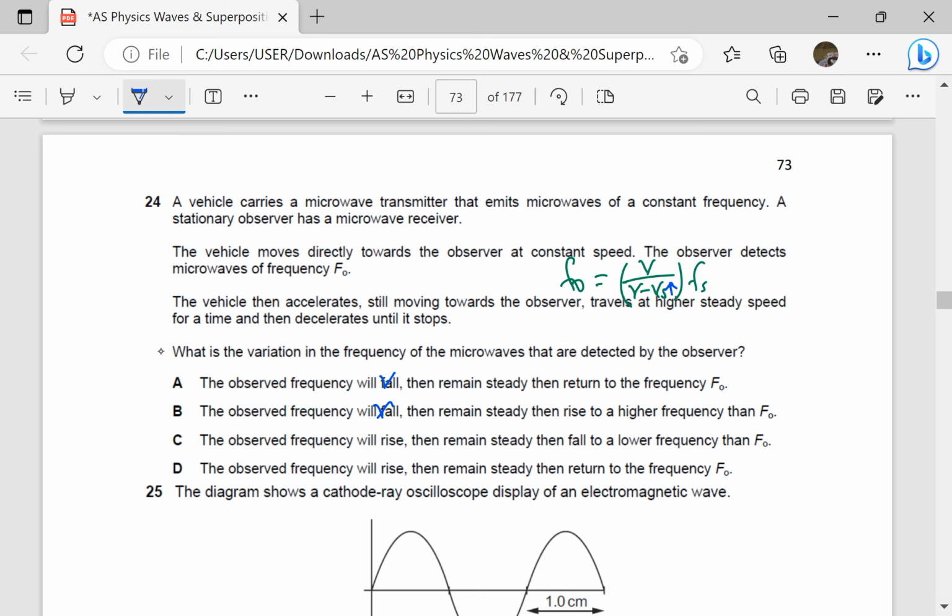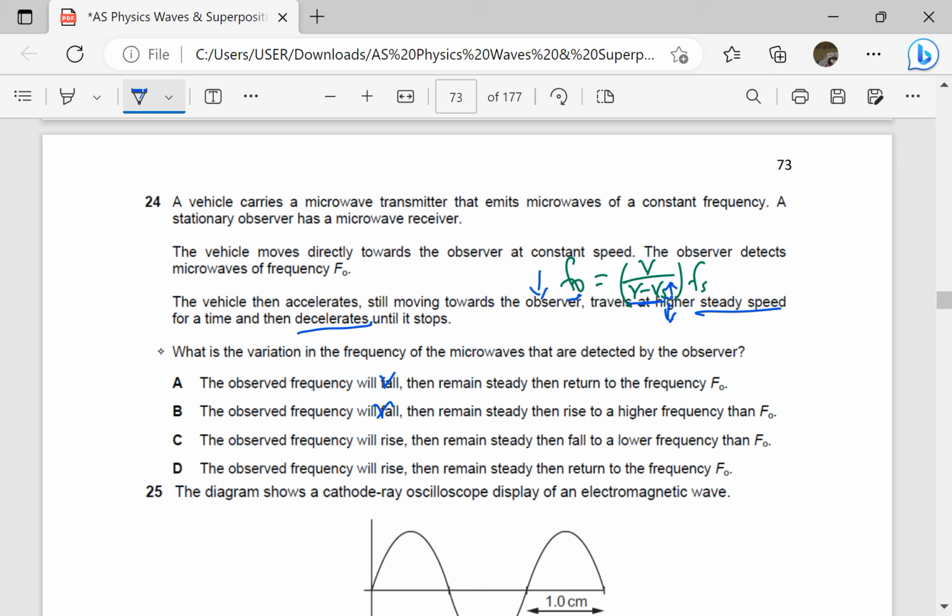Still moving towards the observer, it travels at a higher steady, constant speed. If the speed remains constant, the observed frequency remains steady. Then it decelerates. It means the speed decreases, so this difference becomes bigger, so the frequency decreases.